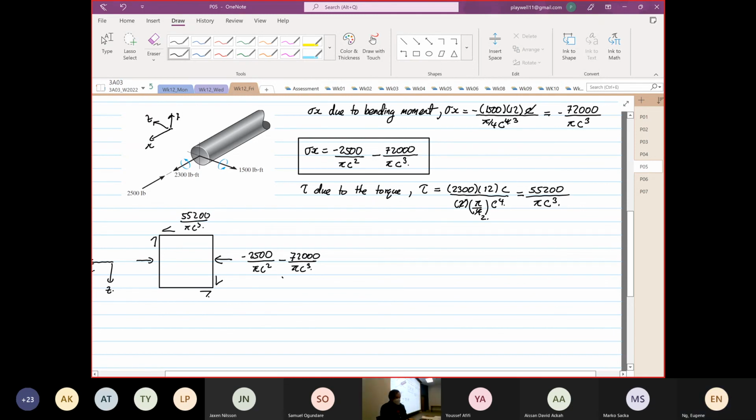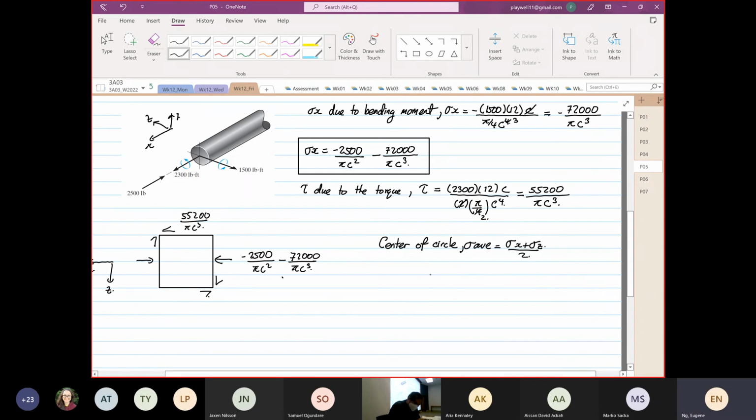Okay. So from here, we can find the center of the circle, which is our stress average. And this is equal to stress X plus stress Z divided by 2.